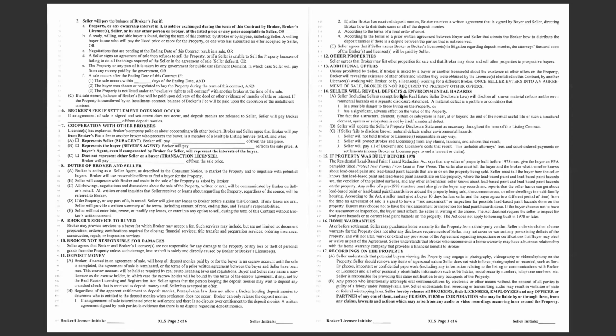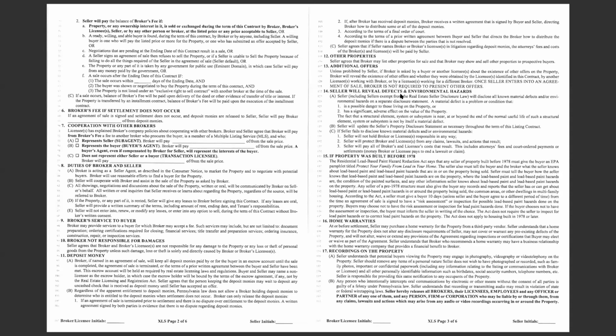Deposit monies. Broker, if any, in the agreement of sale will keep all deposit monies paid by or for the buyer in an escrow account until the sale is completed, the agreement of sale is terminated, or the terms of a prior written agreement between the buyer and seller have been met.